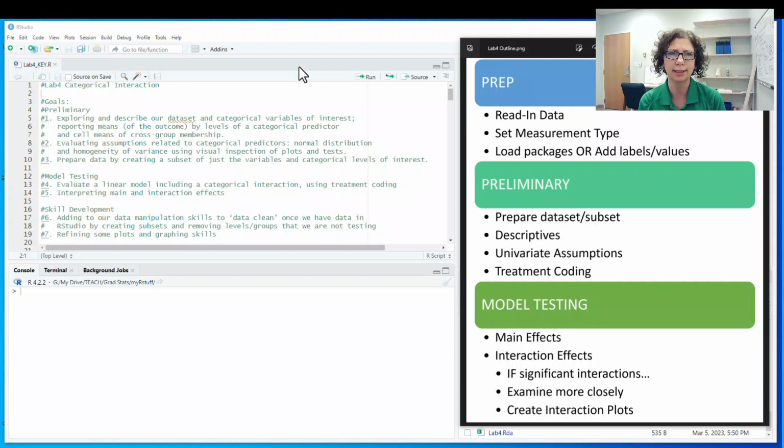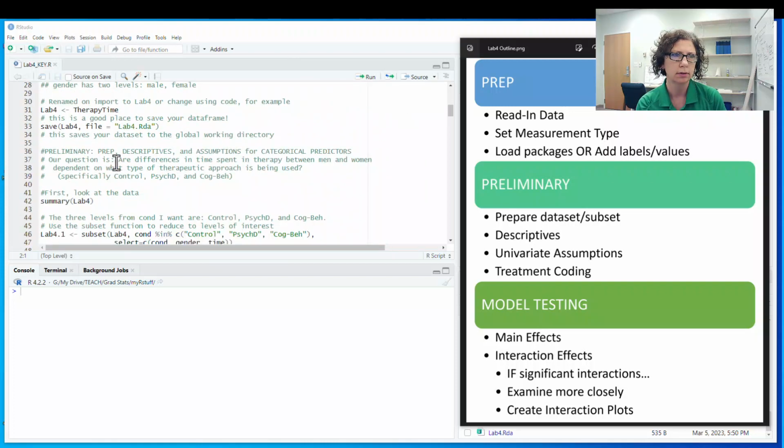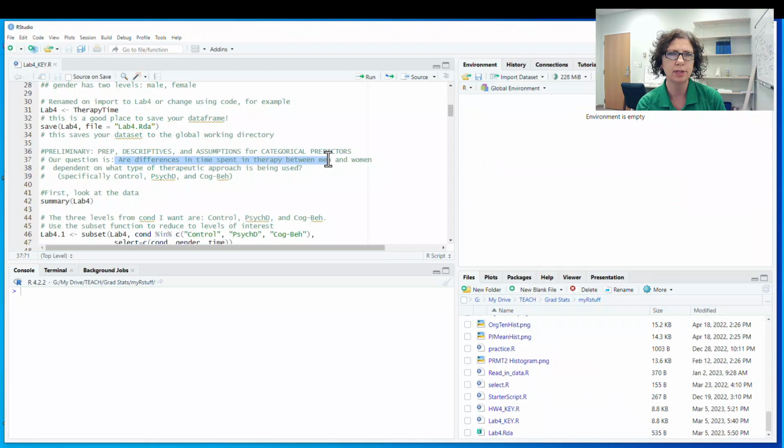With some context, it would be like seeing if differences in time spent in therapy between men and women are dependent on what type of therapeutic approach was being used. So one categorical predictor would be gender, and the second one would be the therapeutic approach.